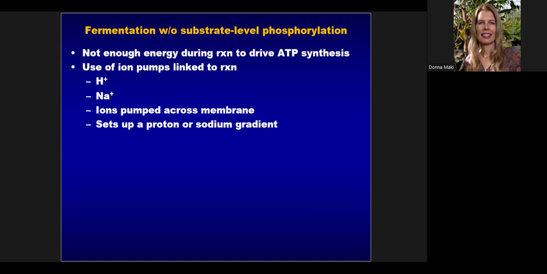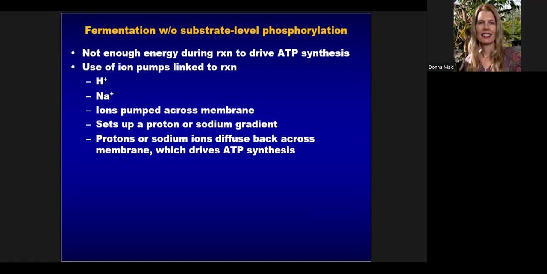It's interesting. And basically, they're doing that to set up a gradient. So either a proton gradient or a sodium gradient is unusual. And then that gradient sets up some potential energy so that when those ions diffuse back through the membrane, they generate ATP in that process. So even sodium flowing through this very special enzyme, it's called a sodium ATP synthase, is still good enough to make ATP.